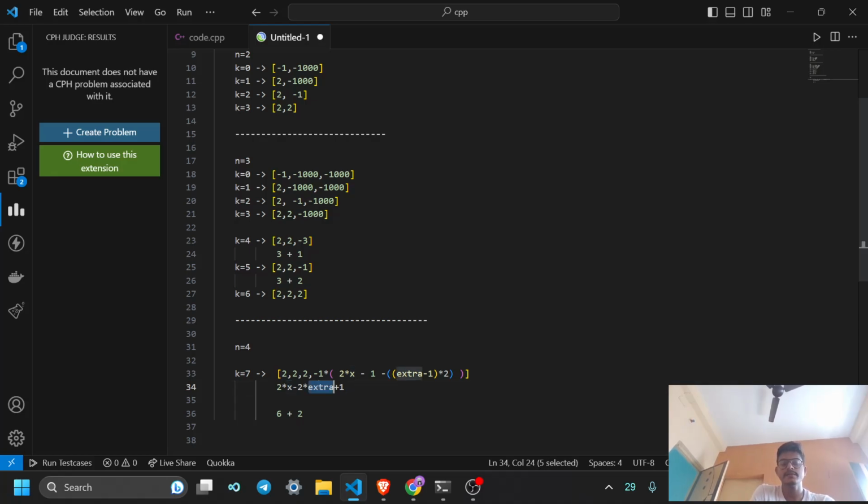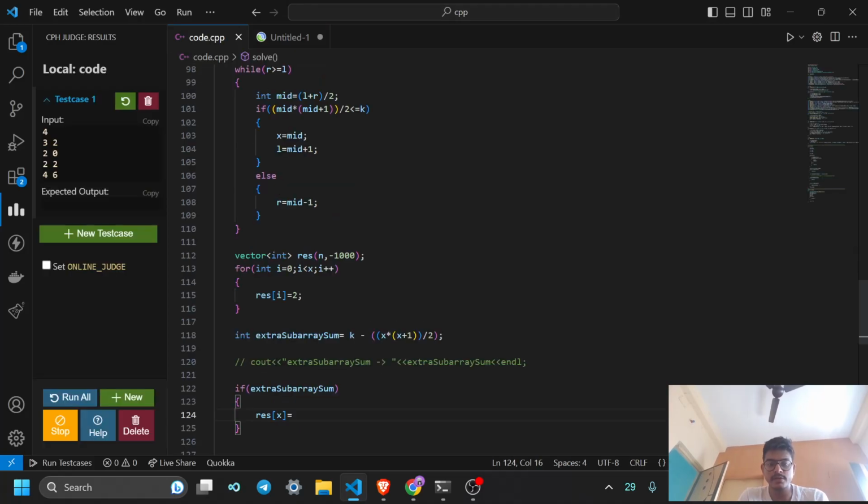If I need extra as 2, what I have to do is 6 minus 4, which will be 2, and 2 plus 1 is 3. So that is perfectly fine. So I am sorting it out: 2 into x minus extra plus 1, and also the negative, as I have mentioned here, minus 1. So that will be the actual negative integer value I have to take here. Okay, minus 1 multiplied by this.